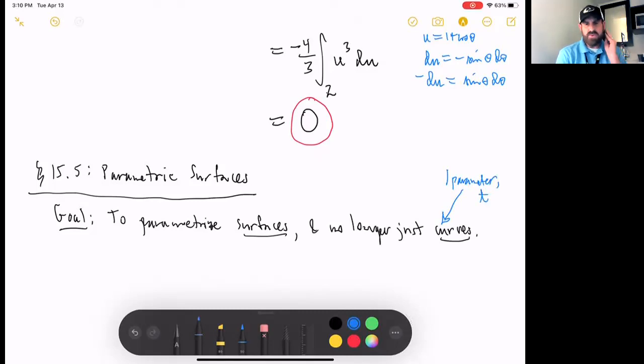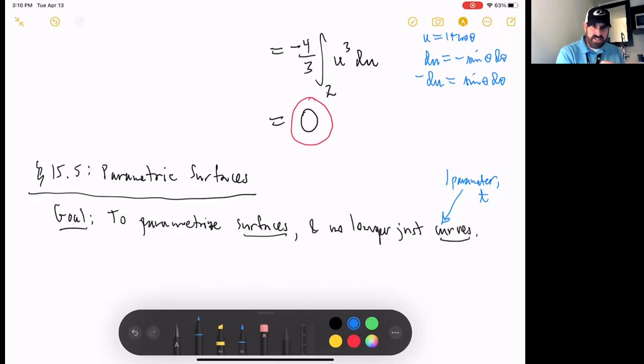The reason we can parametrize curves with just a single parameter is because when you walk along a curve, it's basically one-dimensional. If you were walking on a curve and looked down, you would say, I'm walking around on a one-dimensional thing, even though you might be moving in three-dimensional space.